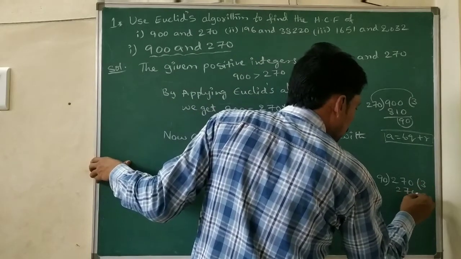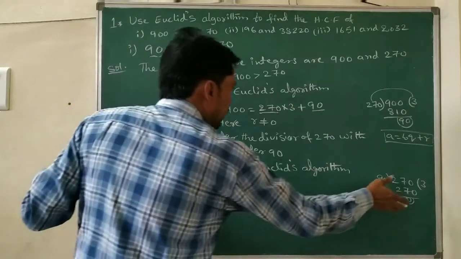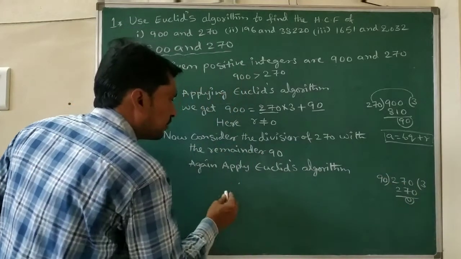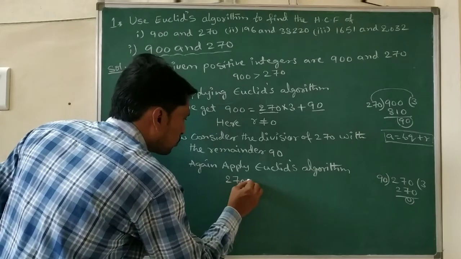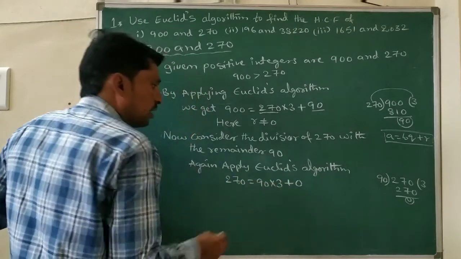So 3 times 90 is 270, and we get remainder 0. Now we need to write a equals b q plus r: 270 equals 90 into 3 plus 0.